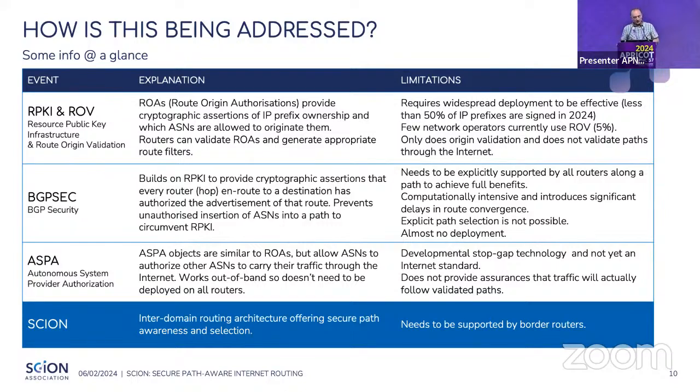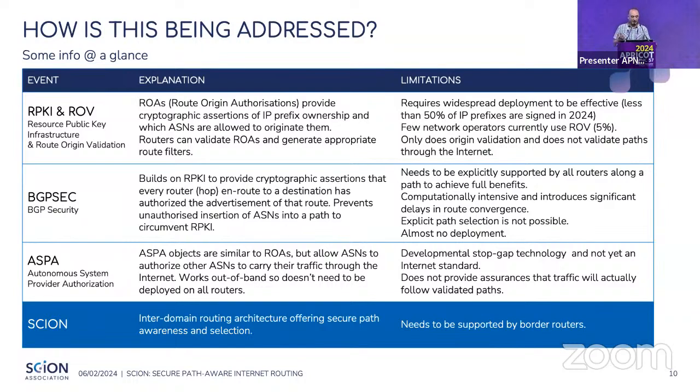So ASPA was devised as perhaps a developmental stopgap technology. This allows ASNs to authorize other ASNs to carry their traffic on the internet, and it works out of band, so it hasn't got a reliance on having all the routers running it.